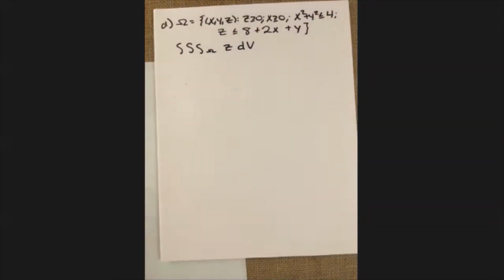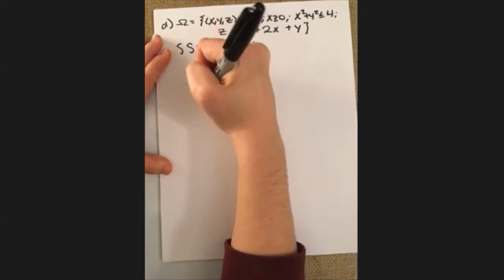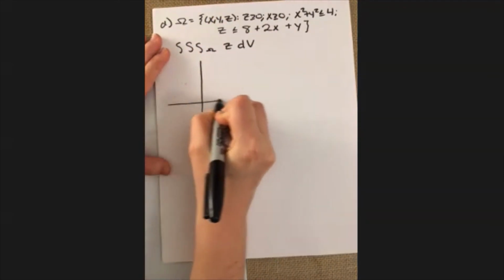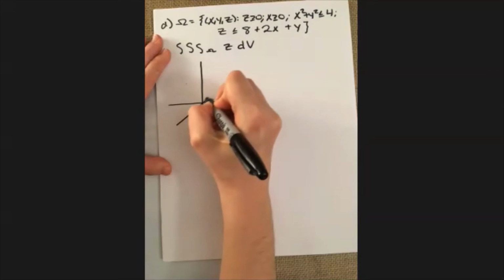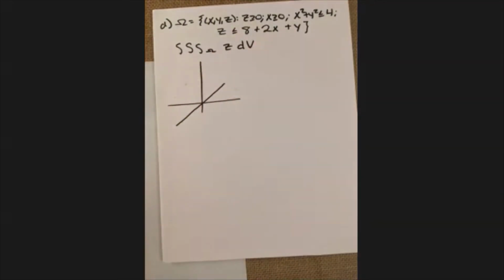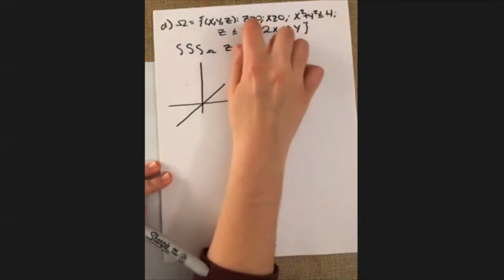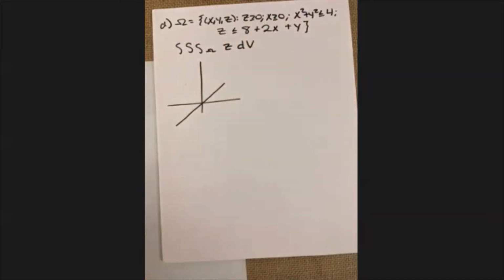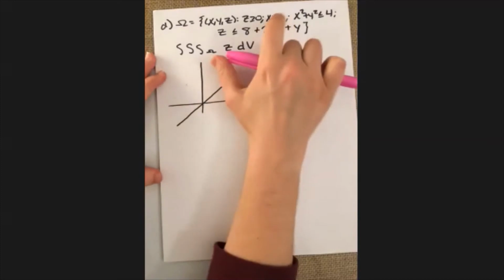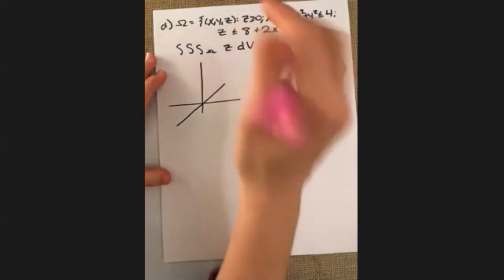Okay, so for this one, let's go ahead and sketch our region. This right here tells me it's a cylinder. This right here tells me that I'm on the positive part for z. And then this is going to tell me that I want the positive half for x, but I'll draw that in later.